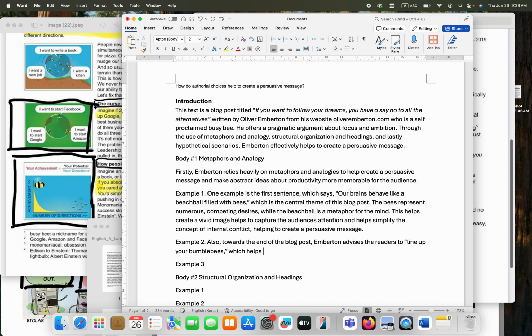Which helps reinforce, how do we spell it?